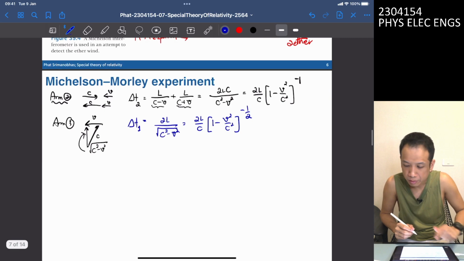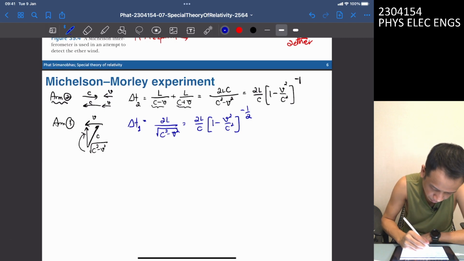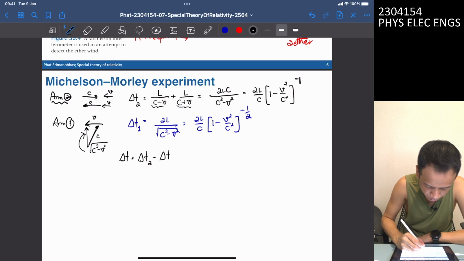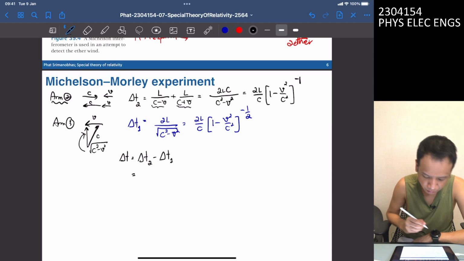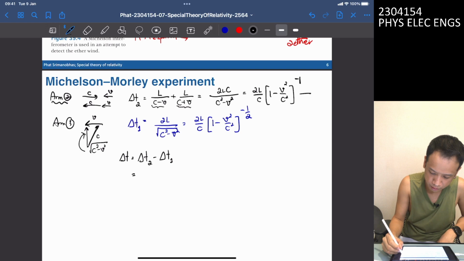So we can find the difference. The delta t becomes the delta t in arm 2 minus the delta t in arm 1. This is equation 2, and this becomes equation 1.